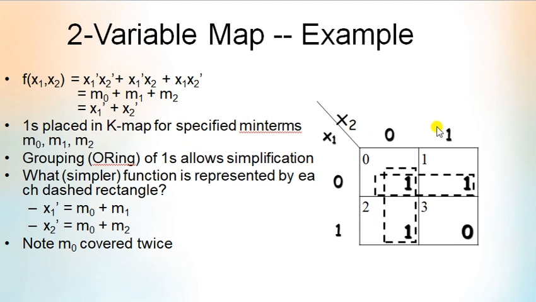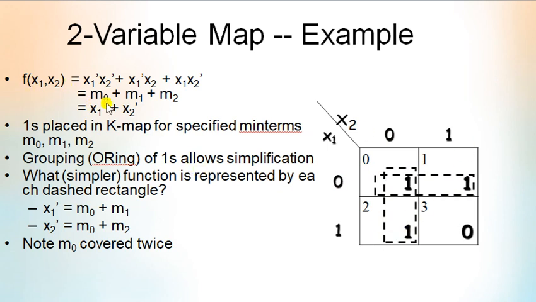First of all, write a Kmap with 4 cells, x1 here and x2 here, and write 0 1 row-wise and column-wise. So this cell corresponds to 0 0, this cell to 0 1, this cell to 1 0, and this cell to 1 1.